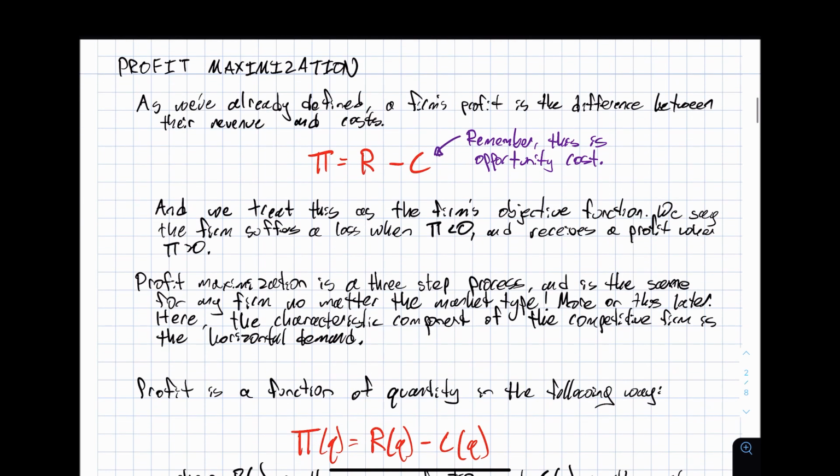So in the context of profit maximization, we've already defined the profit function, which is this thing. We usually denote it with pi, just because we've already used up the letter P for price, which is just the difference between revenue and their costs, which includes their opportunity cost.